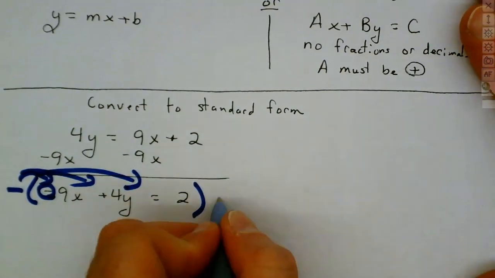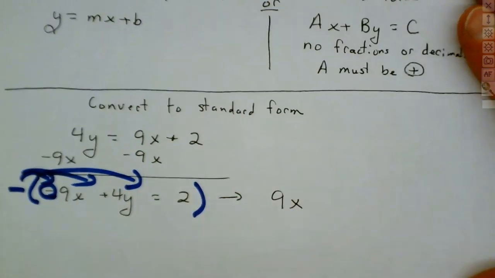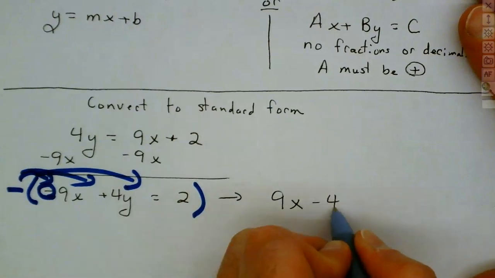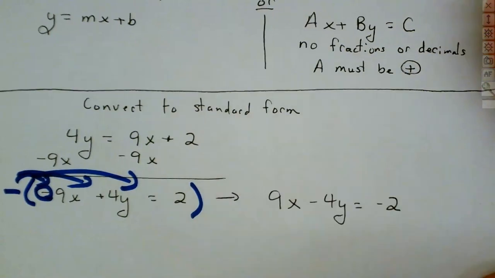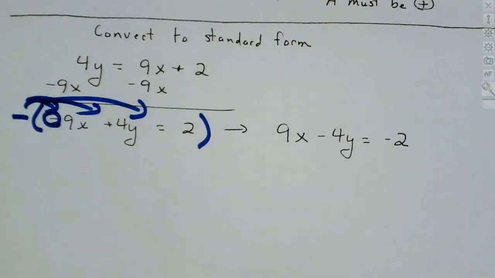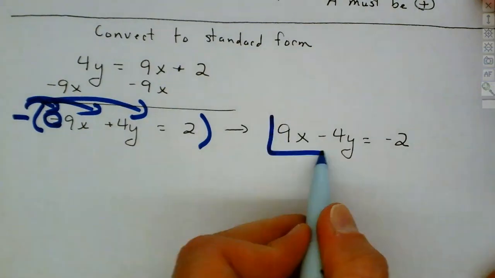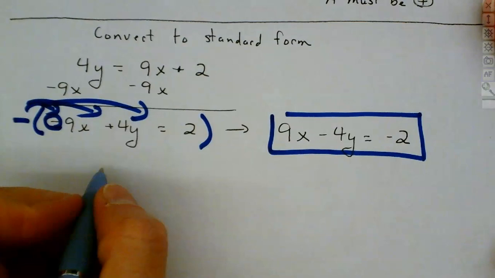And when I distribute the negative through, that makes it a positive 9x, which is what we want, a minus 4y, and that's going to equal a negative 2. So we converted that to now standard form. Let's do another one where we convert it to standard form.